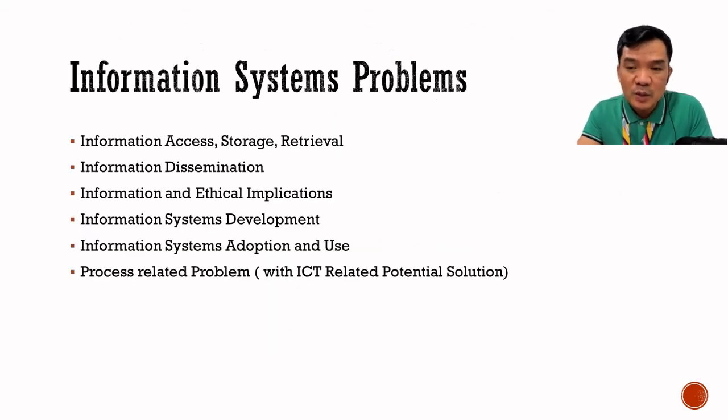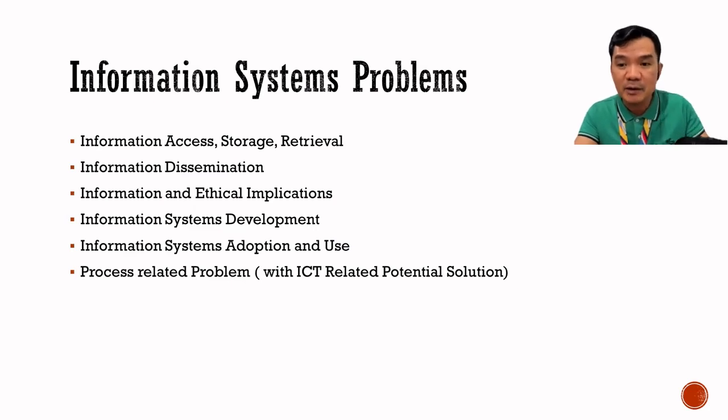And lastly, how will you present your information system problem? When you describe your statement of the problem in chapter 1, I would somehow require you to take up some of these important systems problems that you need to consider. Number 1 is information access, storage, or retrieval. These are problems of the organization that involve limited access or problems with access. That means it might be a manual system or a manual paper.